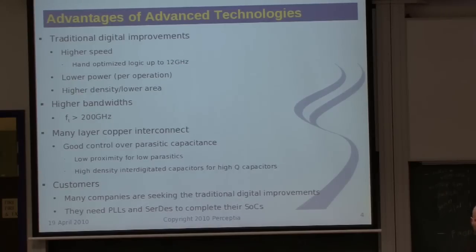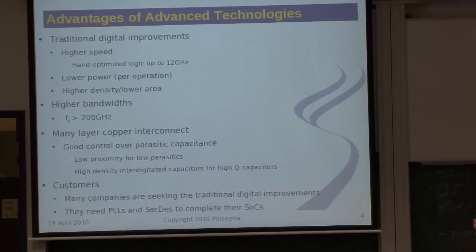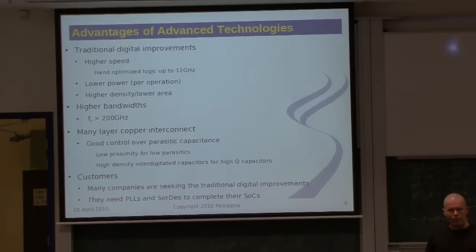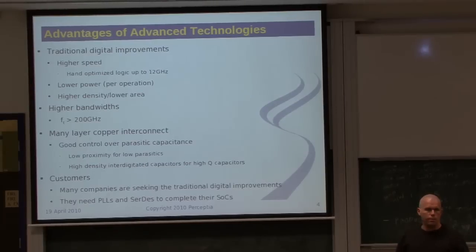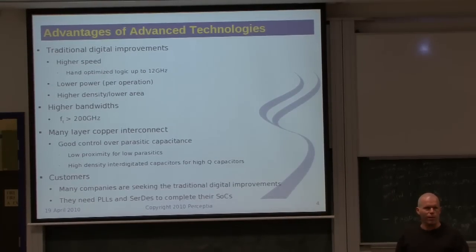There are other things, like current mode logic, CML, which is based on a differential amplifier with a lower swing and a higher speed. You can probably run it at 30 or 40 gigahertz in this process. But standard CMOS, we can hand optimize to 12 gigahertz, which is a hell of a difference compared to the standard tools, like the ones you're using, that might be able to do 500 or 600 megahertz if you're lucky.